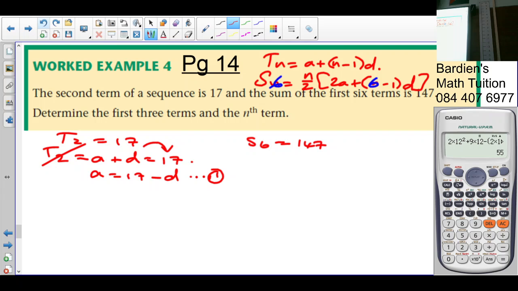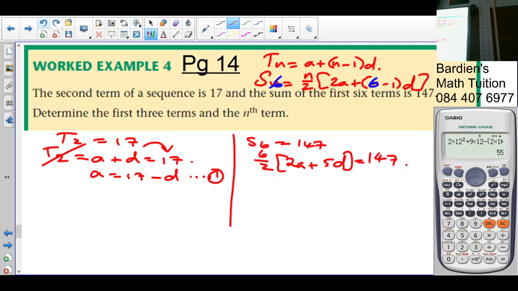So what will this be now? S6 is 6 over 2 into (2A plus (6 minus 1)D). What's 6 minus 1? 5D. And this is equal to 147. So what can be done now? Divide by 3.